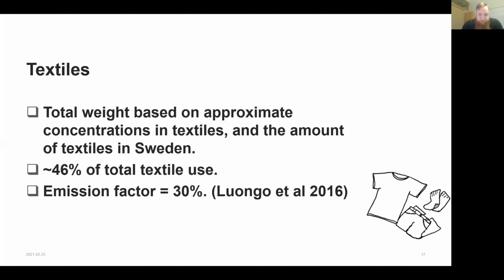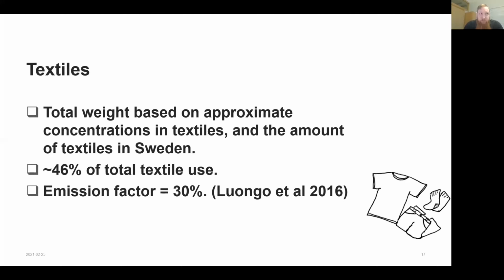For the textiles, remember that we started off with a database containing proportions. So basically how much of each chemical is within each fiber type. And the problem here is then that we needed to find information on how much textiles were sold, of which types, on the Swedish market.